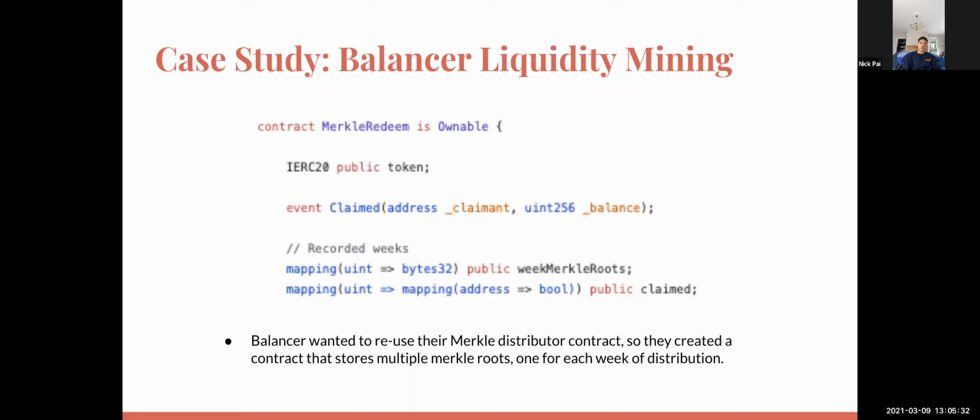So every week, Balancer gives away rewards, and they wanted to reuse the same contract for all of that. So Balancer modified their smart contract to store an array or a mapping of Merkle roots. Every week, the Balancer team uploads a new Merkle root with that week's allocations, and users can then go through a similar process of submitting a proof and claiming for that week.